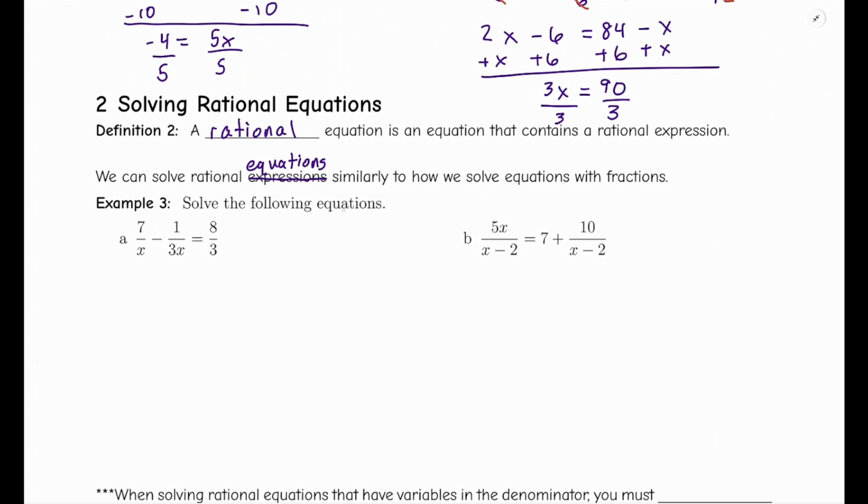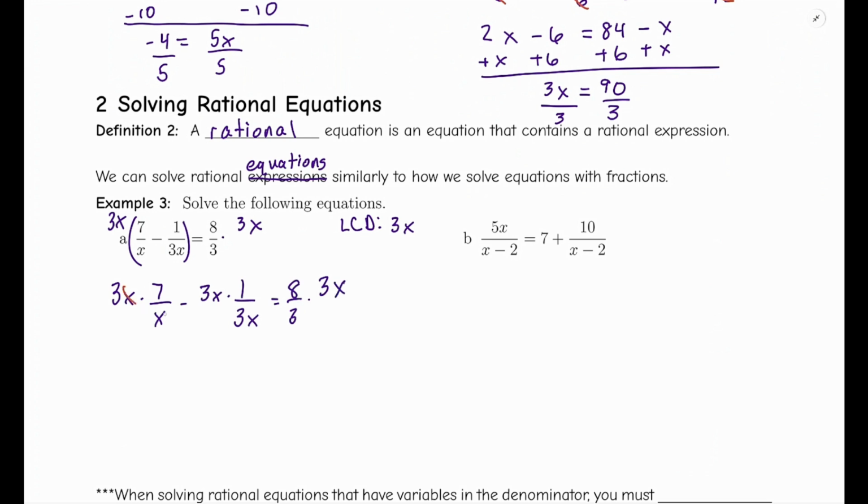So for example 3, solve the following equations, part A. Find the LCD, which is 3x, and multiply both sides by 3x. We get 3x times 7 over x minus 3x times 1 over 3x equals 8 over 3 times 3x.